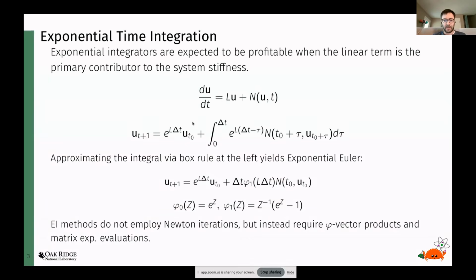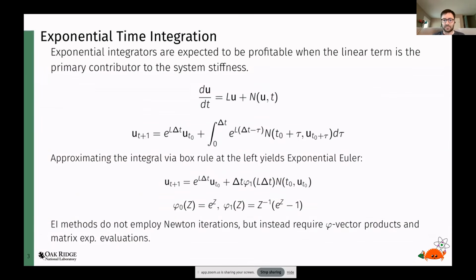I'll say a few words about how this fits in with explicit and implicit integrators. So explicit integrators are very scalable. They are quite easily parallelized, but they suffer from a time step restriction. So this is particularly for stiff problems. So this would lead you to the implicit class of integrators.